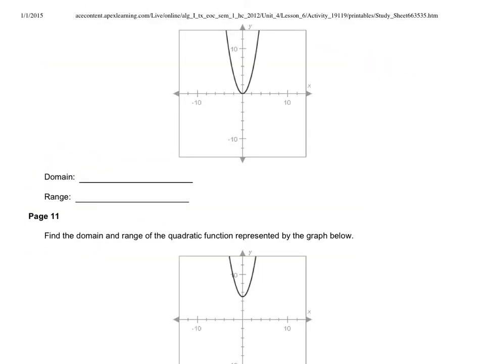Now, quadratics, parabolas, they're a different story. The domain is always all real numbers, because parabolas, which are U-shaped graphs, never stop getting bigger to the left and the right. They're always moving left and right.